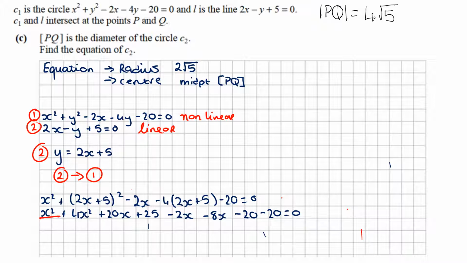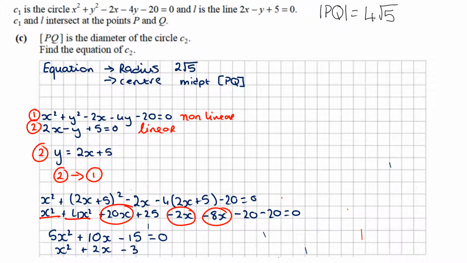Tidy up what we can. There's our x squareds, x, and an x. So we get 5x squared plus 10x, and minus 40 plus 25 minus 15 equals 0. To tidy that up, I'm going to divide across by 5. And we're going to solve that.